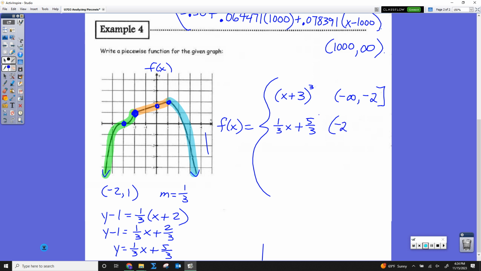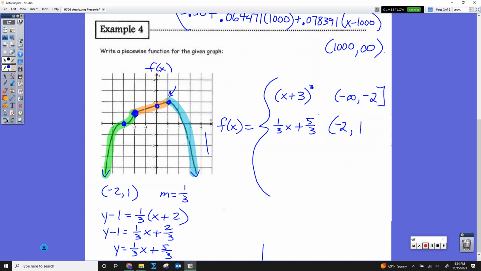It's a continuous function, so I don't have to worry about anything different. So I'll just put parentheses this time, -2 all the way until we get to, what is this? Be careful this time. 1. So -2 to 1 would be the linear portion of our graph. Again, I put parentheses; you could put a bracket. As long as we incorporate one of them, I'll just stick with the pattern here and put a bracket on this one. All right, so -2 to 1.